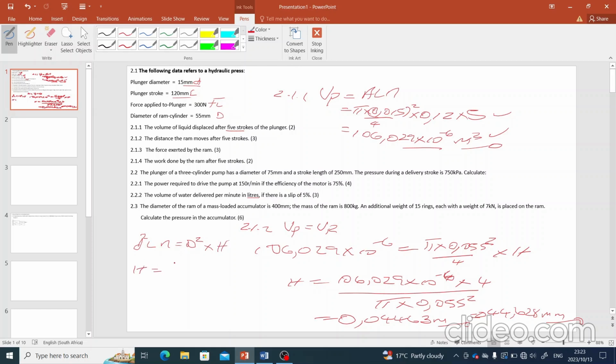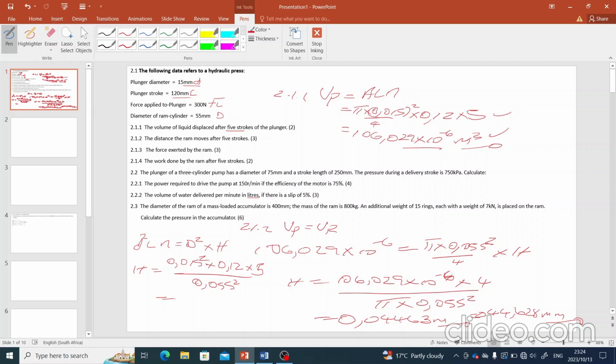H would be 0.015 squared multiplied by 0.12 multiplied by 5, divided by 0.055 squared.